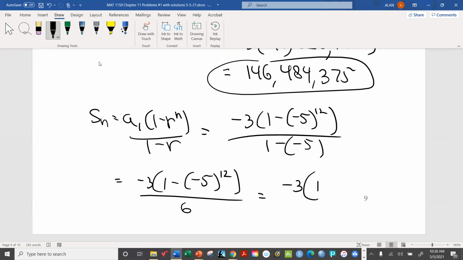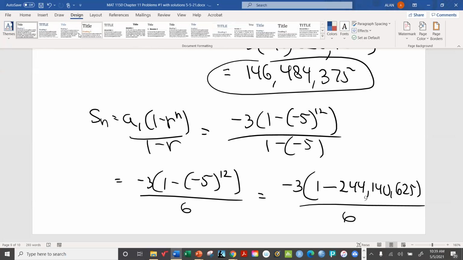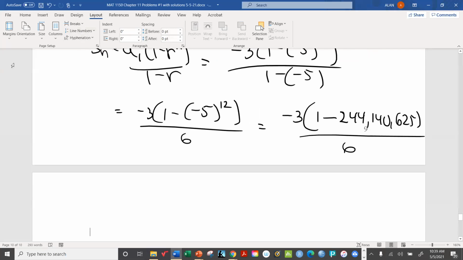Now, -5 to the 12th is going to be a positive number, a very large number. Wow, 244 million 140,625, all divided by 6. Wow, that's getting up there.